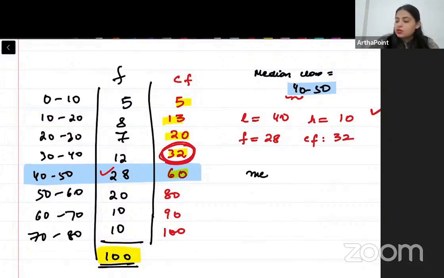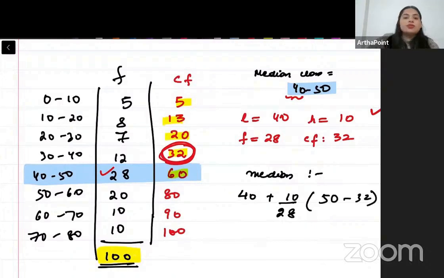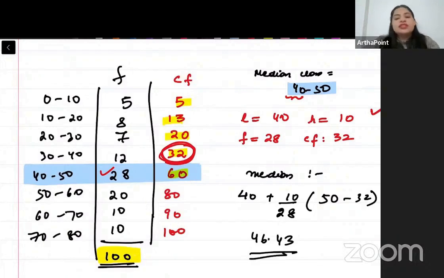So the median will be 40 plus 10 by 28, 50 minus 32. Correct, beta. The median will be 46.4. That's the answer to your question.